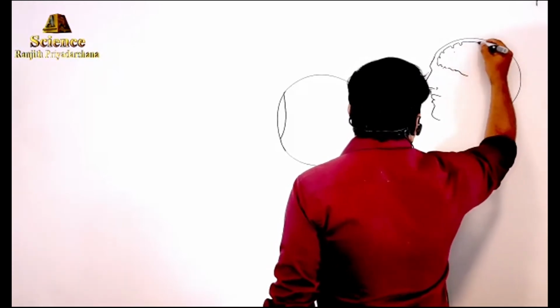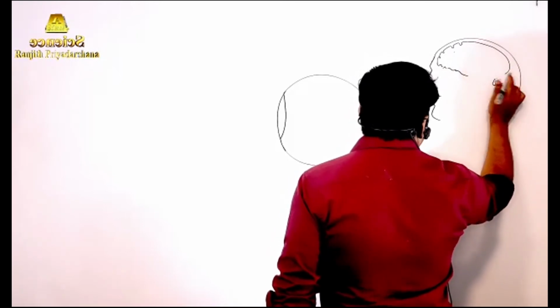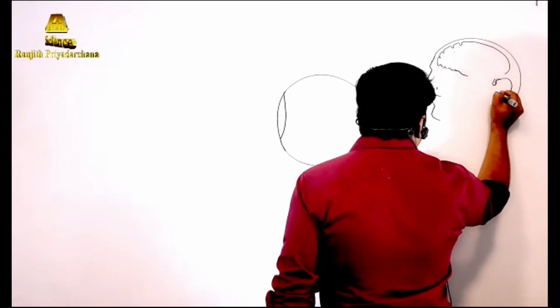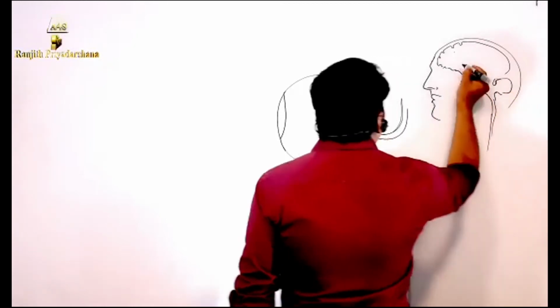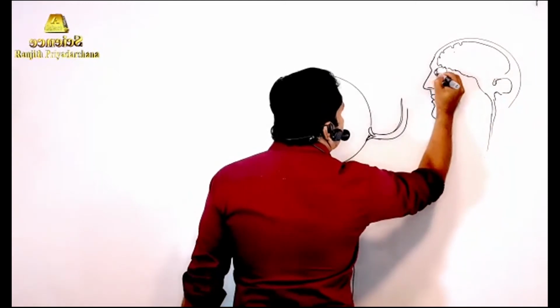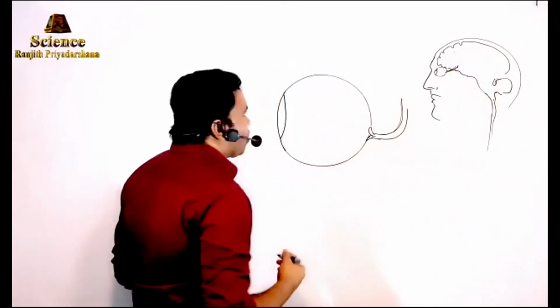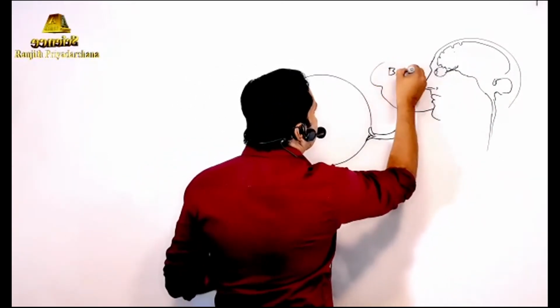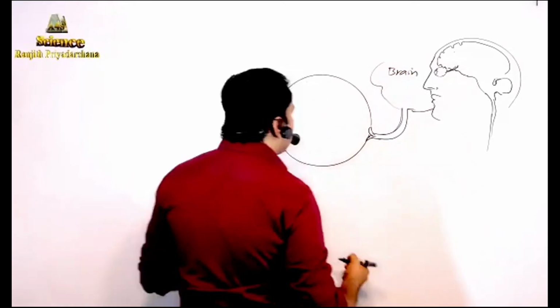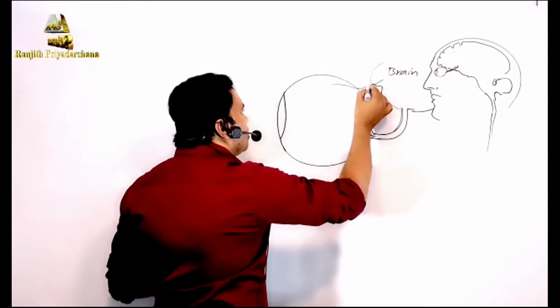Okay, so that's cerebellum. I won't draw these in detail. So your eye is here. Okay, that's brain. It's very closer to the eye. Another nerve supply of this brain is coming.